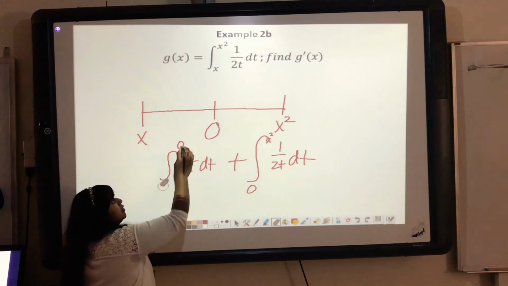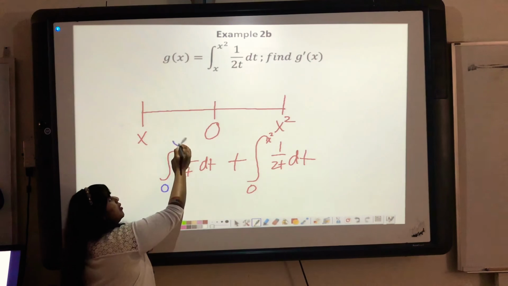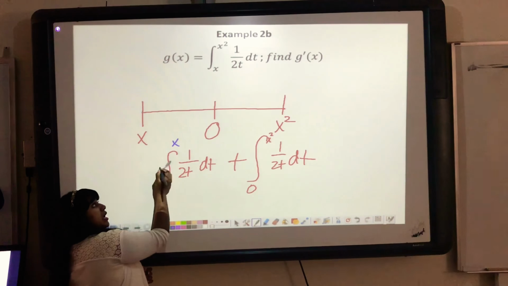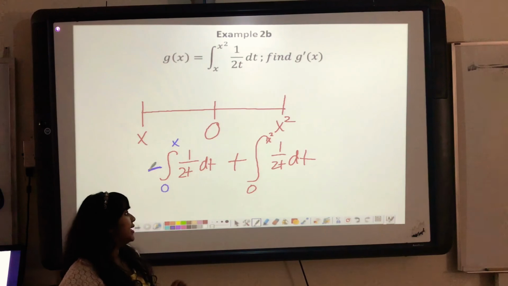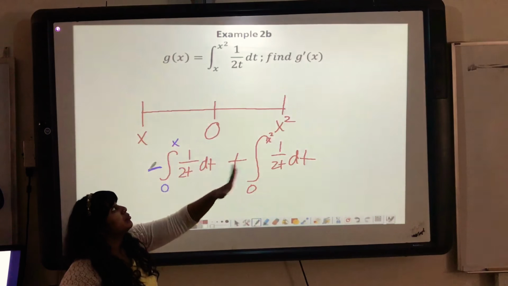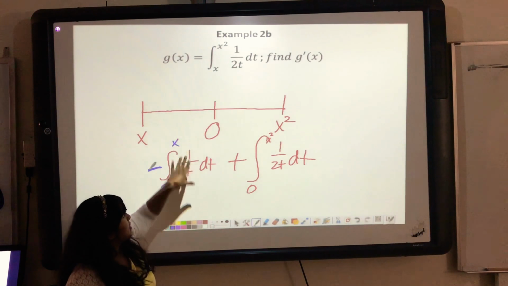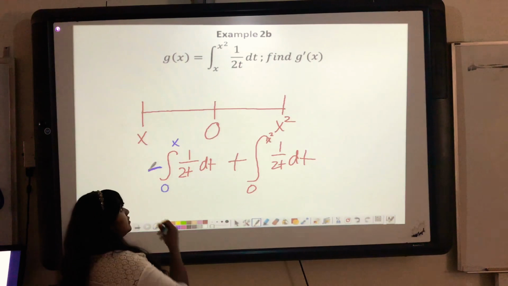This is going to become 0. This is going to become x. But again, if I flip those, I must change the sign. It was positive before, it is negative now. Now I am ready to actually move forward and substitute in my x values and take care of any derivatives I have to take care of.